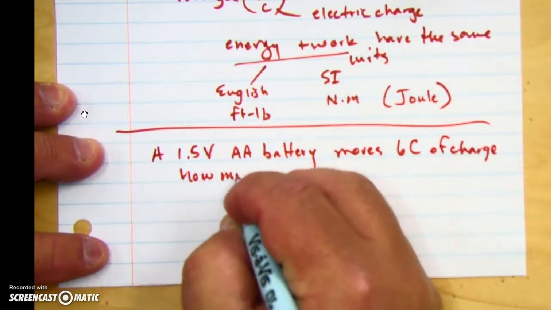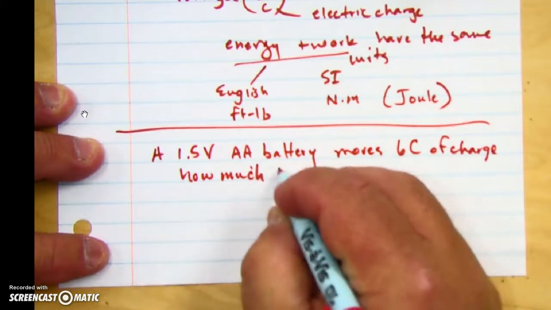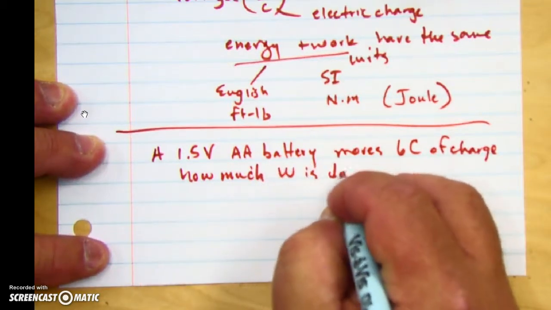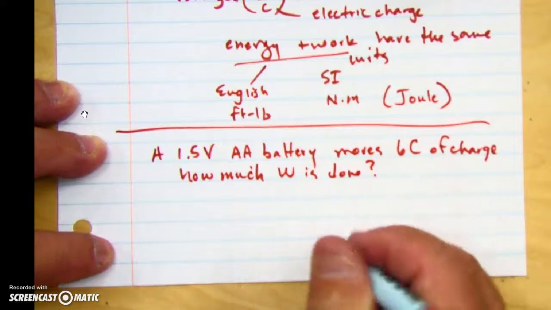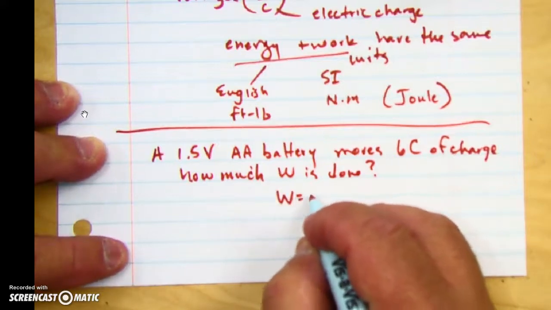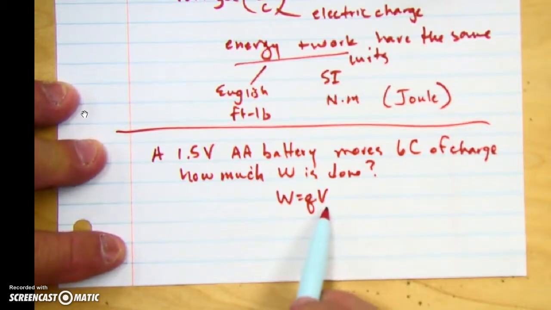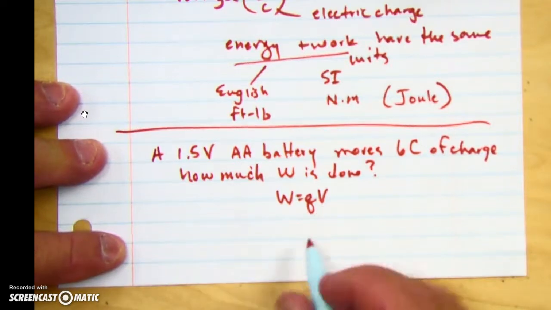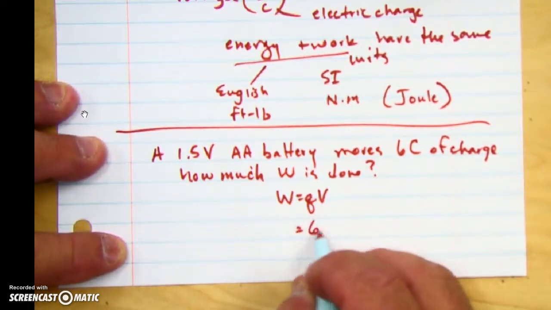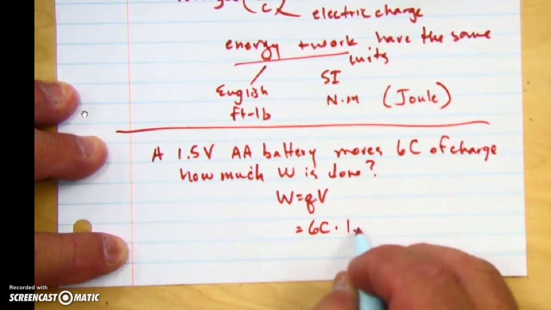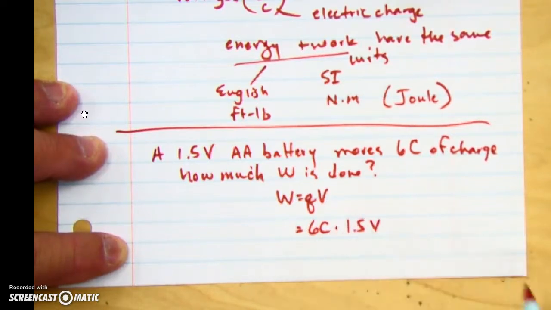How much work is done? Well, find the relevant equation. W is equal to Q times V. You can write it as V times Q. I don't care. Remember, voltage is the force-like quantity. Q is the displacement-like quantity. So then I'm going to say 6 coulombs times 1.5 volts.